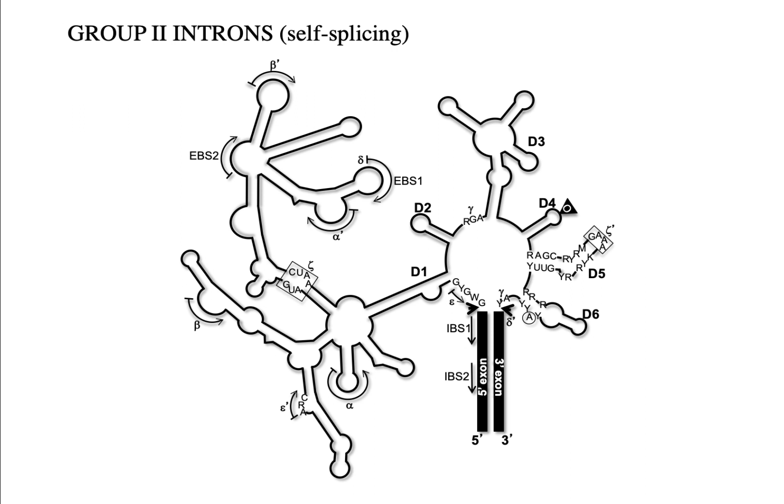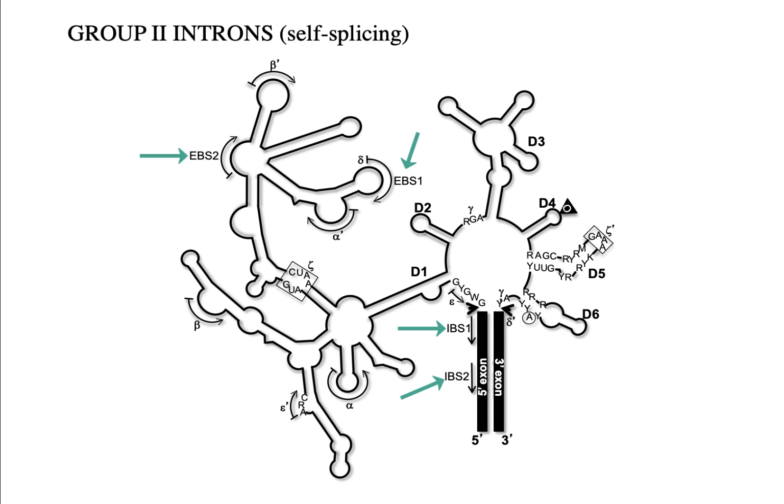The dark lines down there are the 5' exon and 3' exon, which pair up. The 5' exon has internal binding sequence 1, IBS1, and IBS2, and those pair with external binding sequences EBS1 and EBS2.